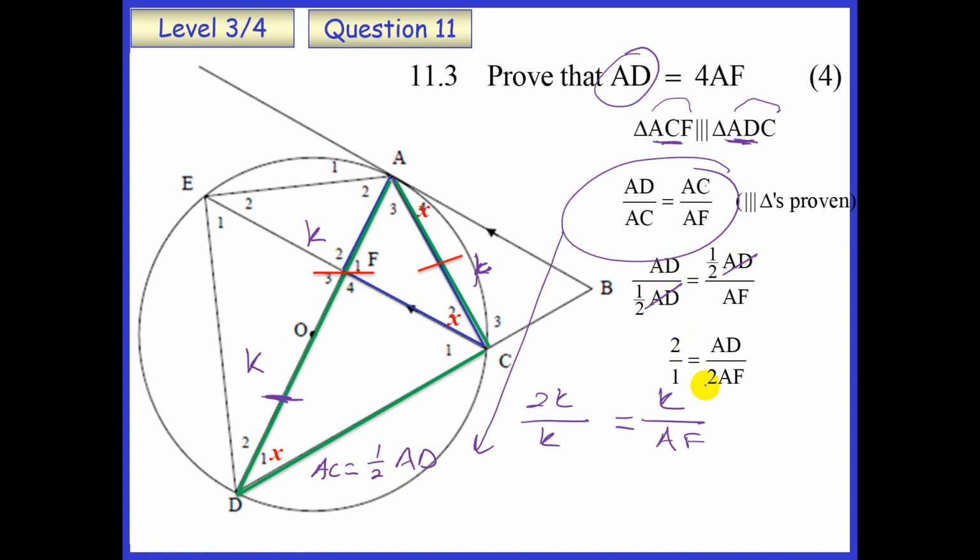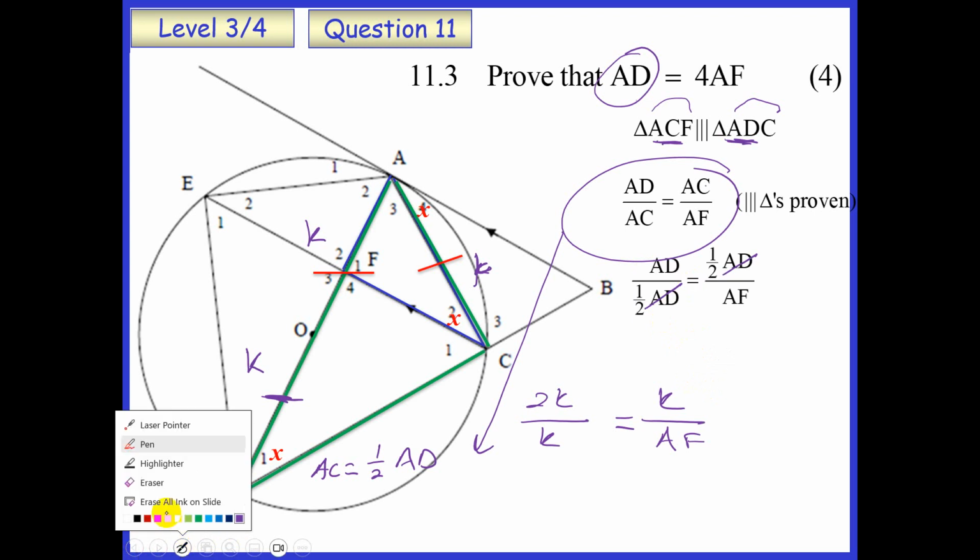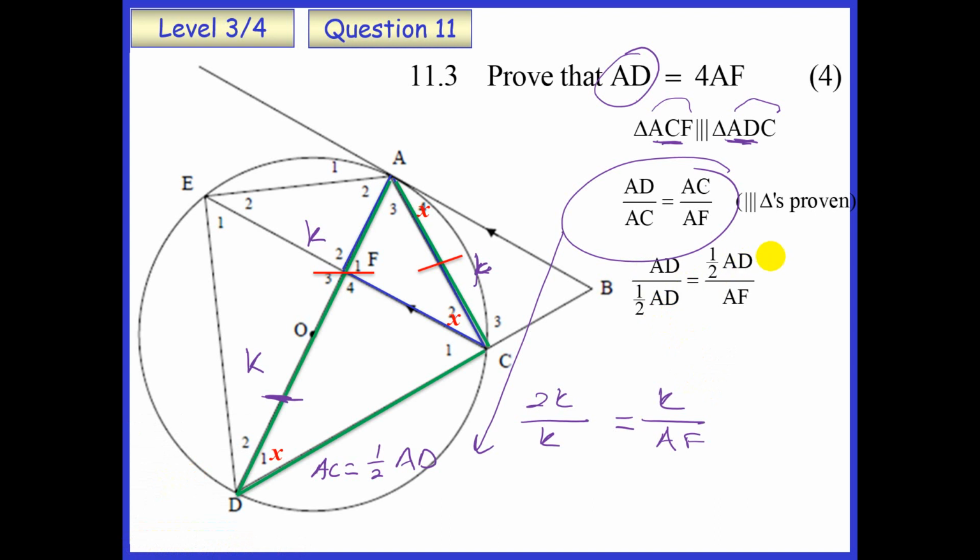Let me go back and make a point. From an understanding point of view, those cancel off, and half times half is 1/4 AD. So if we cross multiply, we get 1/4 AD is equal to AF. Multiplying both sides by 4, we get AD is equal to 4AF, which proves the question.